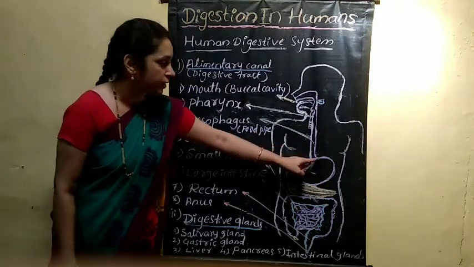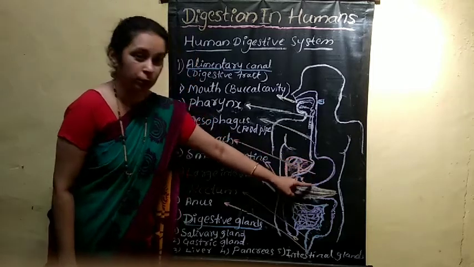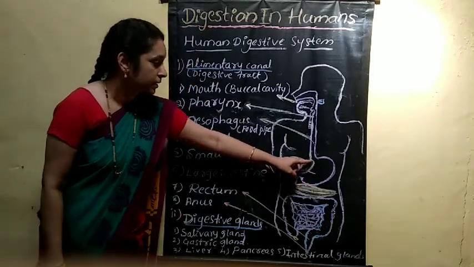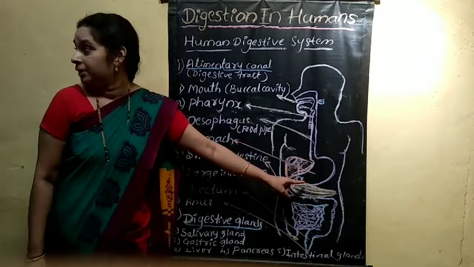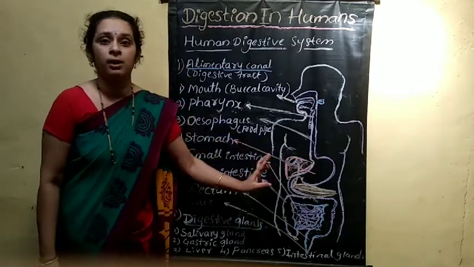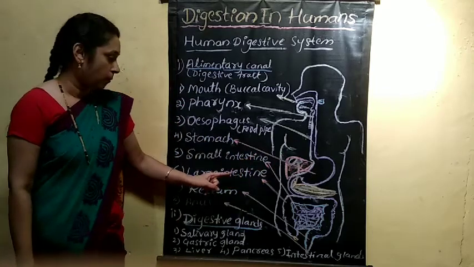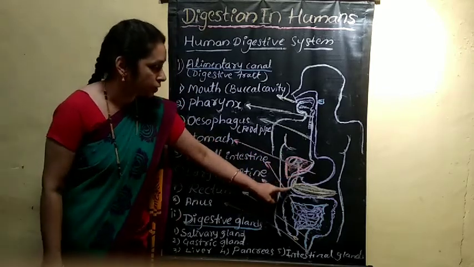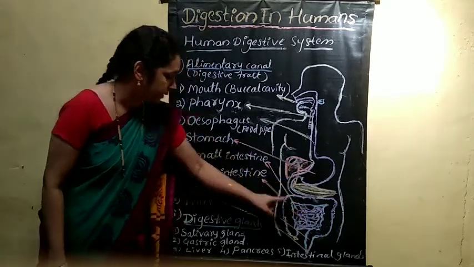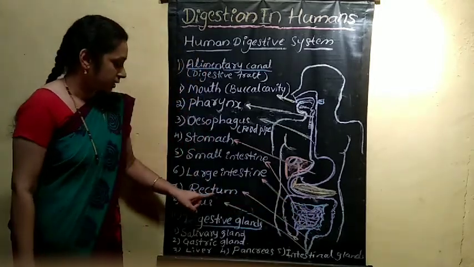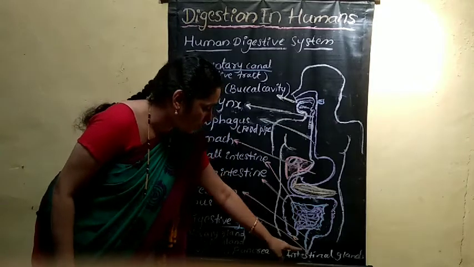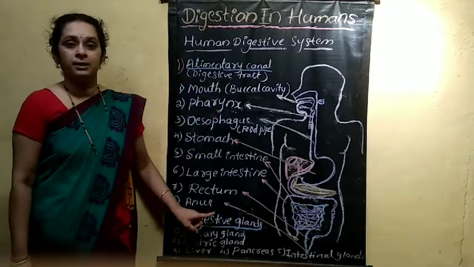After this esophagus, there is a continuous canal. You will come across a J-shaped, pouch-like structure, which is called the stomach. After the stomach, it continues as the small intestine, then the large intestine, then lastly the rectum and anus.